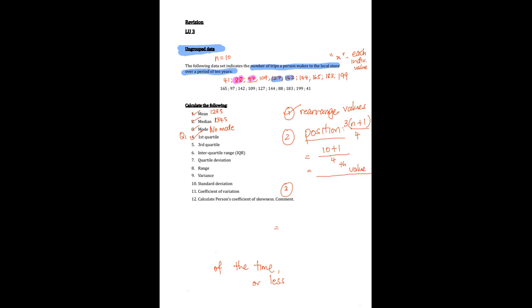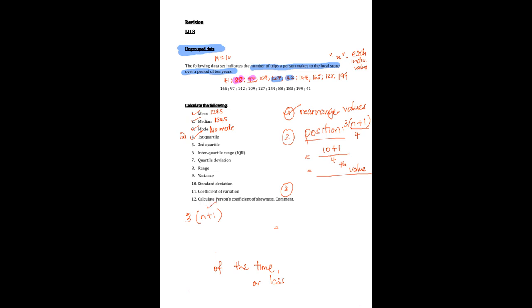Now, it's very easy to get that formula wrong because a common mistake is that people attach the n to the 3. Instead of saying 3 multiplied by (n plus 1), remember that n plus 1 is in brackets.